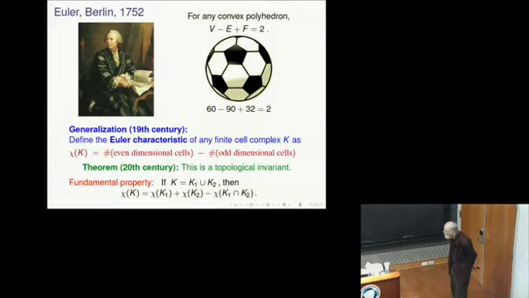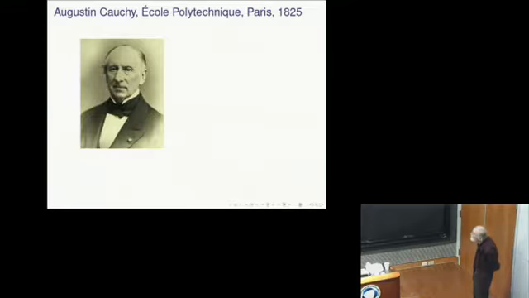The fundamental property is the additivity property. If you take a union of 2 subcomplexes, then you get the sum of the Euler characteristics minus the Euler characteristic of the intersection. So this is very convenient for computation of examples. Okay, that's, I guess, all I have to say about the 18th century.